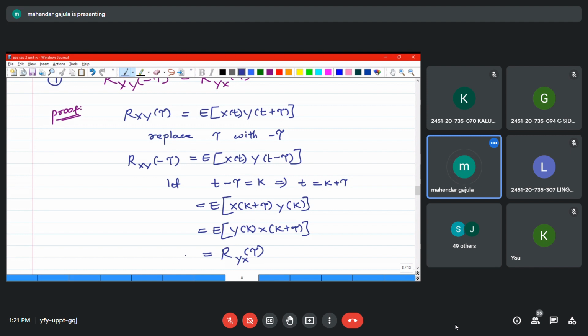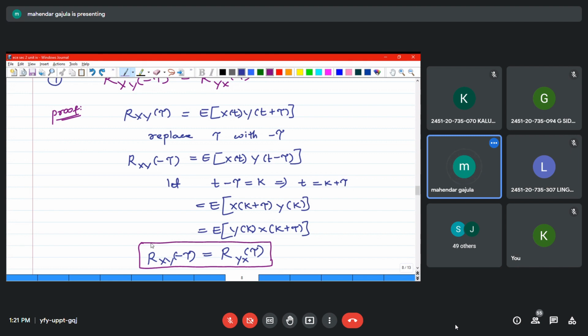Am I right? Are you getting? T replaced by k, remaining is same. The formula is same. Here you have k, here you have t, here k and here t. Remaining is same.